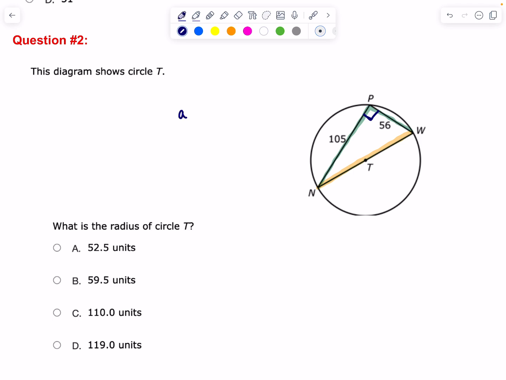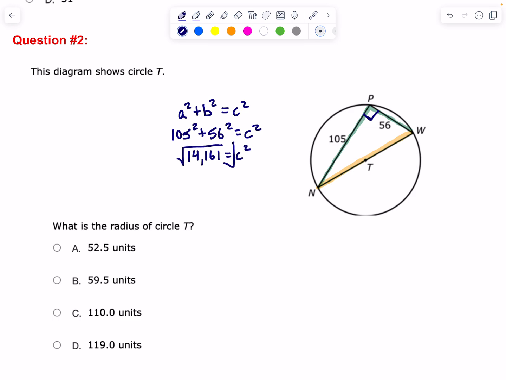So we're able to use the Pythagorean theorem to help us figure out the diameter, and then we'll be able to just divide that by 2 to get the radius. It doesn't matter which leg of the triangle you start with. So I'm going to start with just the 105 squared plus the 56 squared equals c squared. I've typed these in the calculator to save a little time, and you get 14,161 is equal to c squared.